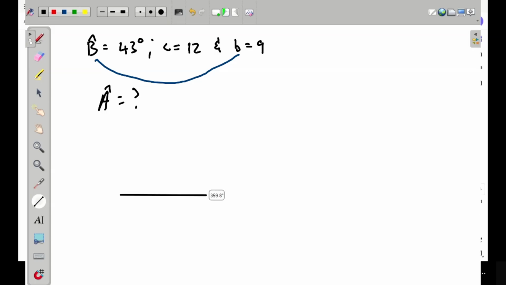So the given angle, namely angle B, 43 degrees, will be somewhere there. And then the other side, namely C, will be there. So B, which means then I'll have point C somewhere here. So watch this now. This is the important part. It's possible that C could be here and this side of 9 could be there.